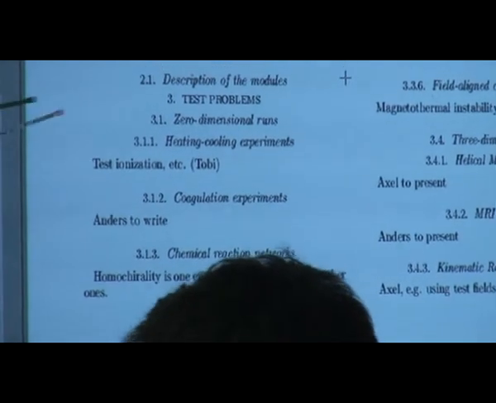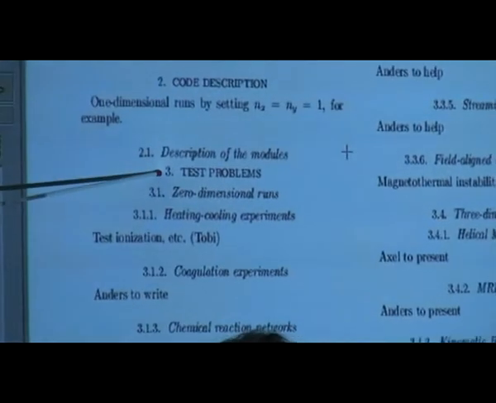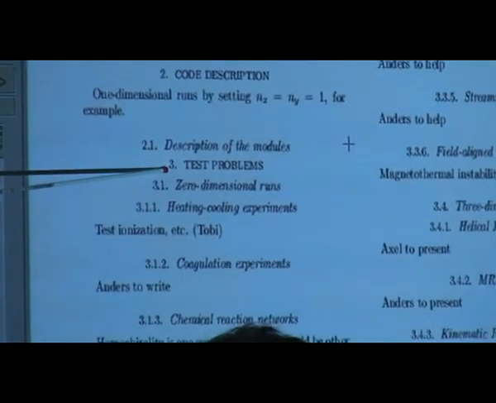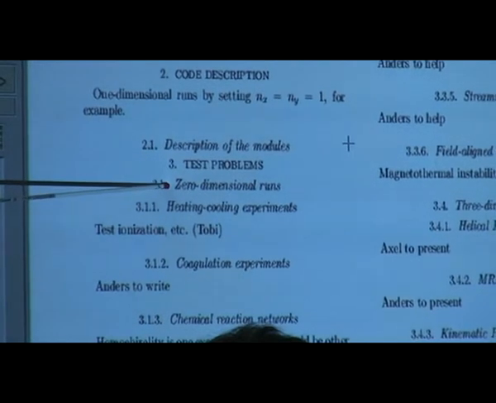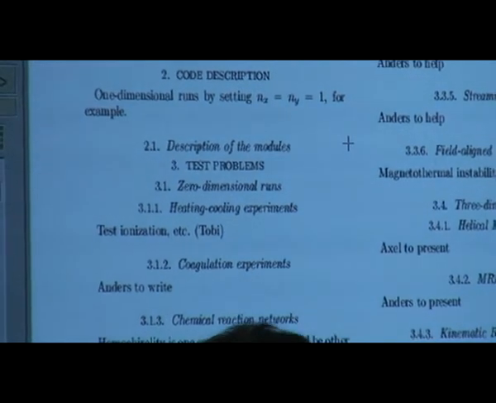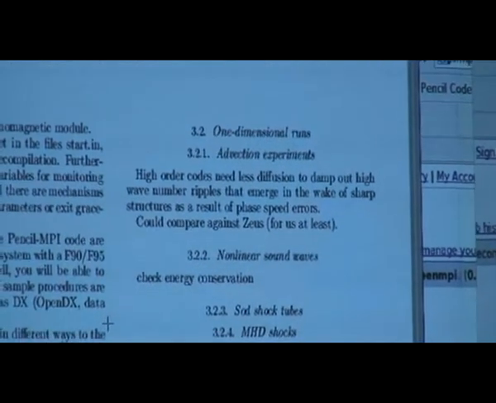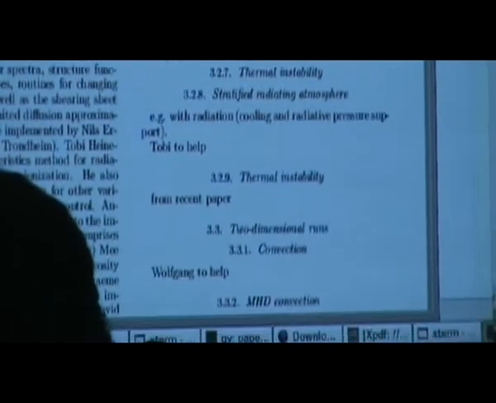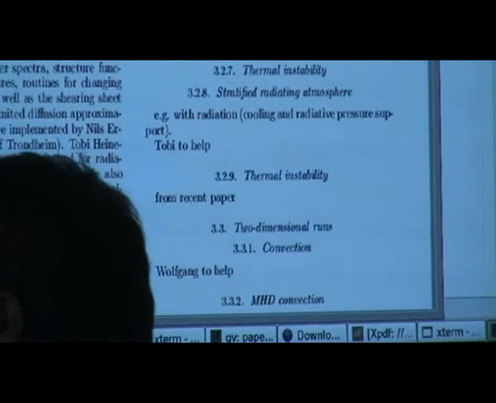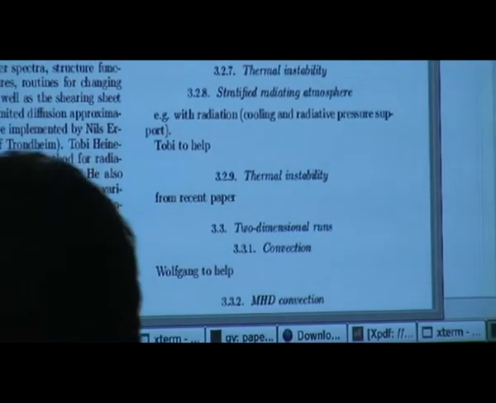So these are ordered in such a way that they start, which may not be the wisest, of course, from zero-dimensional problems, going to one-dimensional problems, to two-dimensional problems and then three-dimensional problems. People were always wondering, what does it mean, zero-dimensional? Zero-dimensional means nothing?